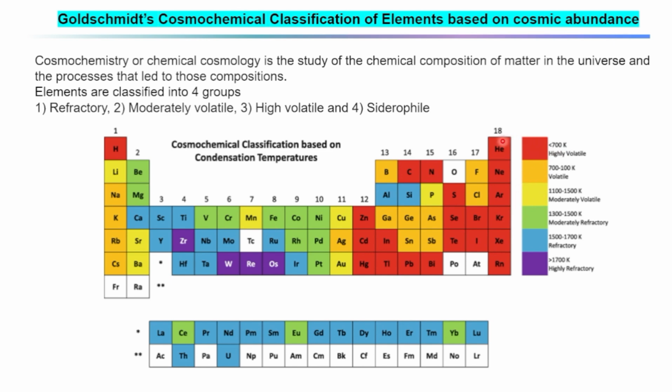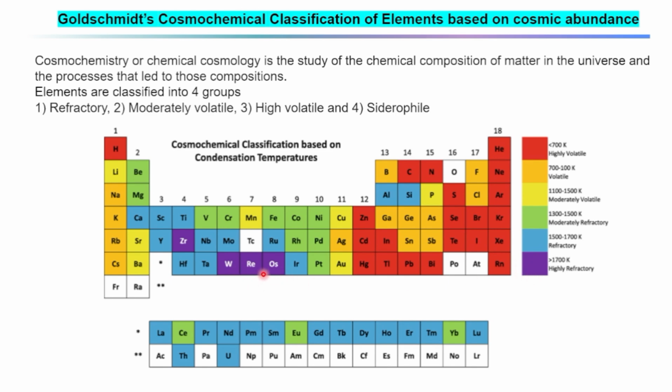For example, these inert gas elements are highly volatile. If you see fluorine, chlorine, these are volatile, and phosphorus is moderately volatile, manganese moderately volatile, copper, gold, these are moderately volatile. Now the green ones are moderately refractory, and the blue ones are refractory. So aluminium, silicon, ruthenium, iridium are refractory, and this violet one is highly refractory.